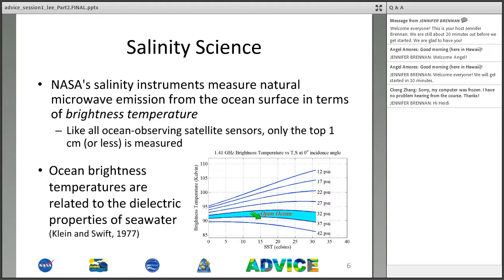So the change of brightness temperature here in warm water is significantly larger than the change of brightness temperature in cold water for the same change of salinity. And therefore, this L-band radiometer has better sensitivity in the tropics and subtropics than at higher latitude oceans.